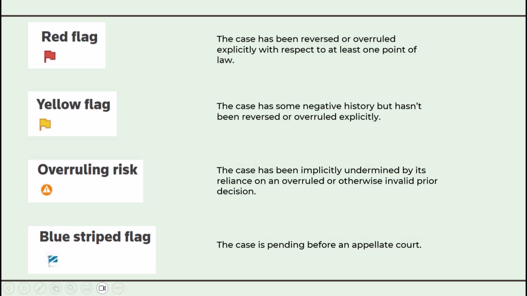A yellow flag, like the one we had for International Shoe, tells you that the case has some negative history, but hasn't been reversed and hasn't been explicitly overruled. Now you'll notice that I'm explaining that slightly differently than the text does. A case is either reversed or it isn't.